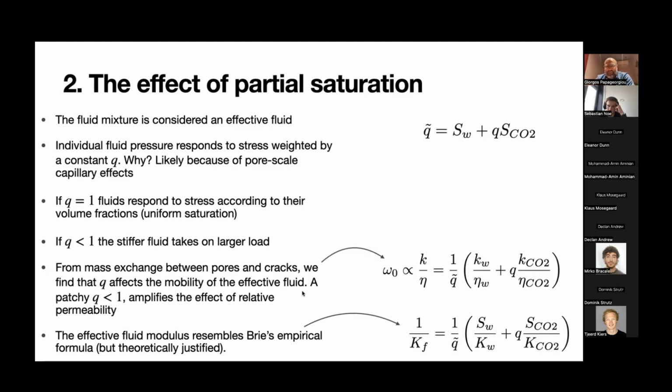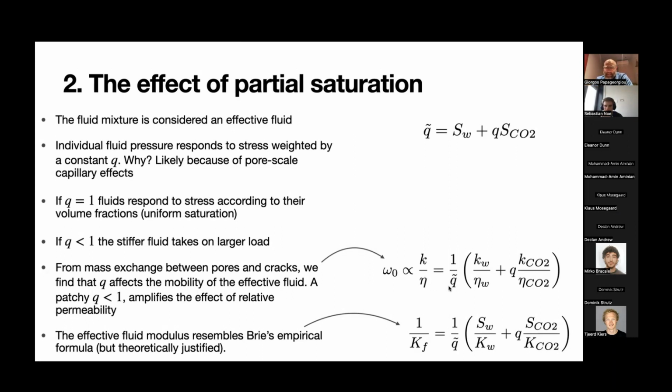But also the other thing that we understood was that we have a way to prescribe how the standard linear solid characteristic frequency varies when you're in the partially saturated regime, and that is by finding a way essentially to add the mobilities together.